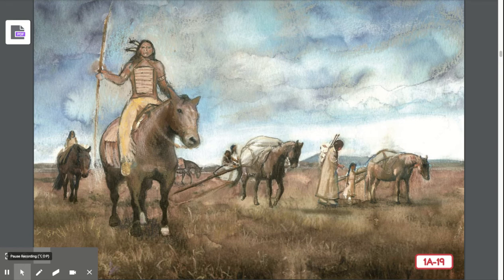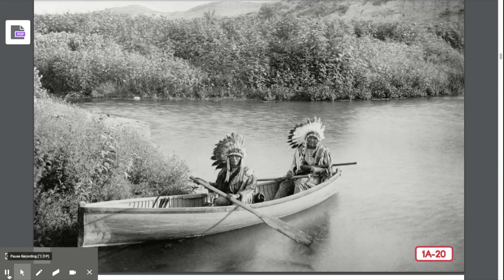After Native Americans were here for many years, they started riding horses. After that, some traveled on horseback, and others traveled in canoes. Those who lived in the woods used their feet to make their way through the thick forests of trees.